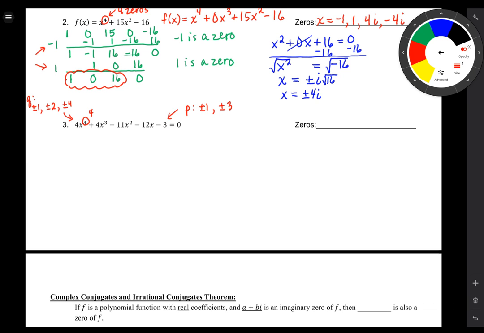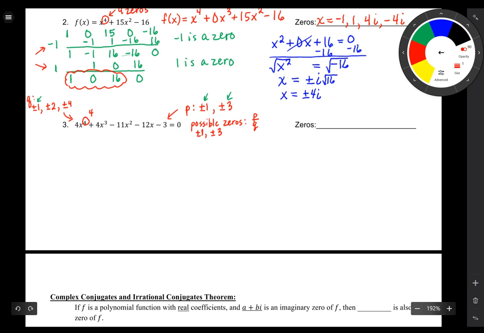And so now we're going to write our possible zeros to choose from. So that's p divided by q. So we divide these two numbers here by 1 first. So that'd just be 1 and 3. So we have plus or minus 1, plus or minus 3.